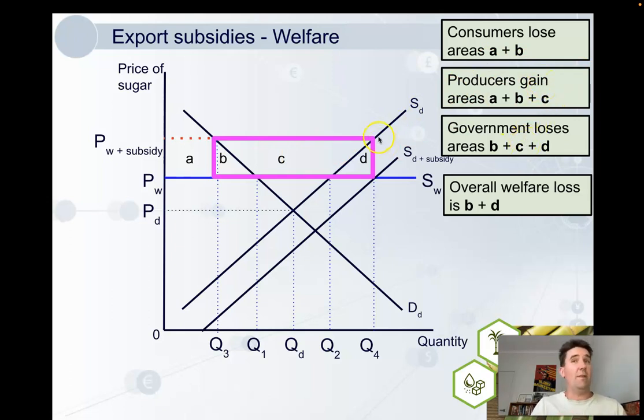It cancels itself out. So there's no welfare loss. But area B is lost by both consumers and the government. Even though it's gained by producers, it's lost by two other areas. So that is welfare loss. And area D as well is gained by nobody, but it's lost by the government. So both those areas are welfare loss.